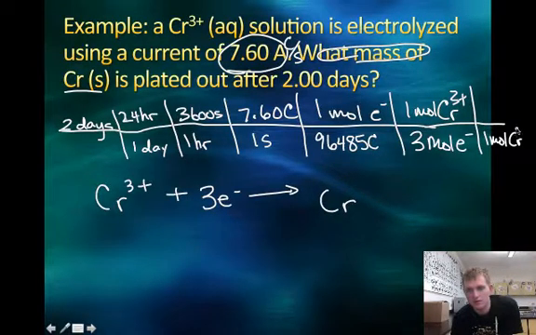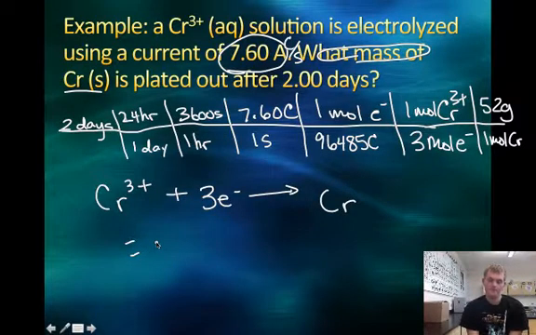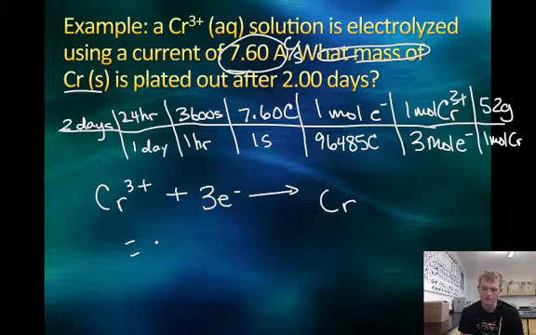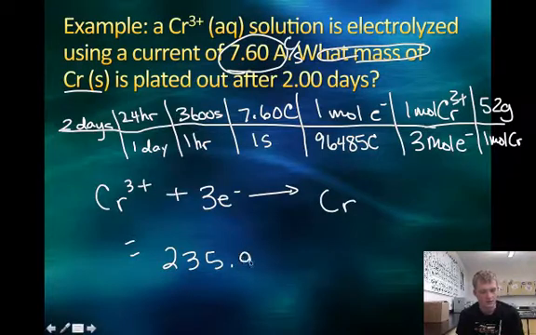And so we do the top times the top and the bottom times the bottom. And I ended up with 235.9 grams of chromium, and so in 3 sig figs only, that would be 236 grams.